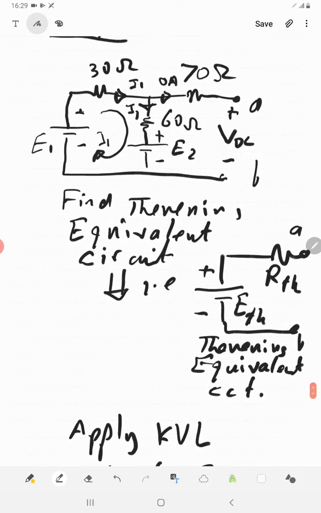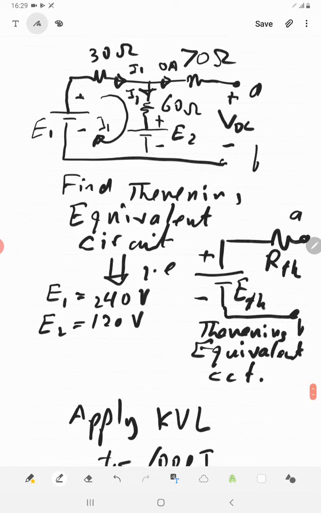Now let's give values: E1 equals 240 volts, and E2 let's have as 120 volts.